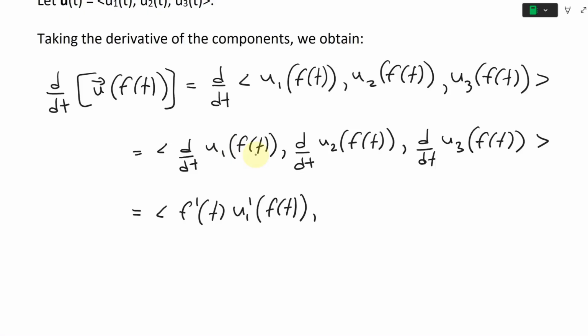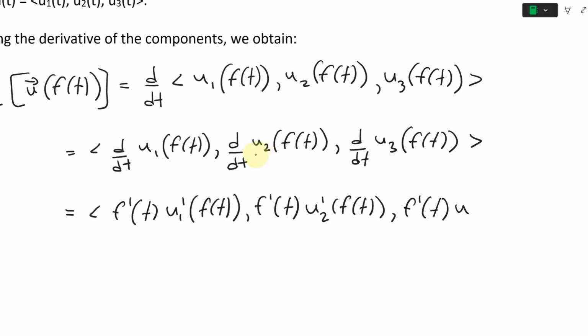Next one is f prime of t times u2 prime of f of t, and then f prime of t times u3 prime of f of t, like this. We'll put another bracket there, and then the triangle bracket.